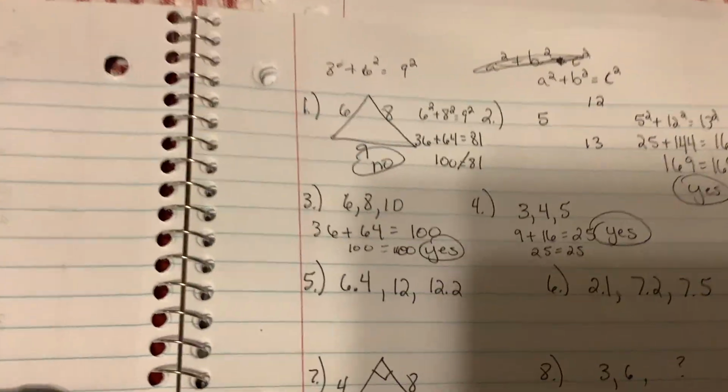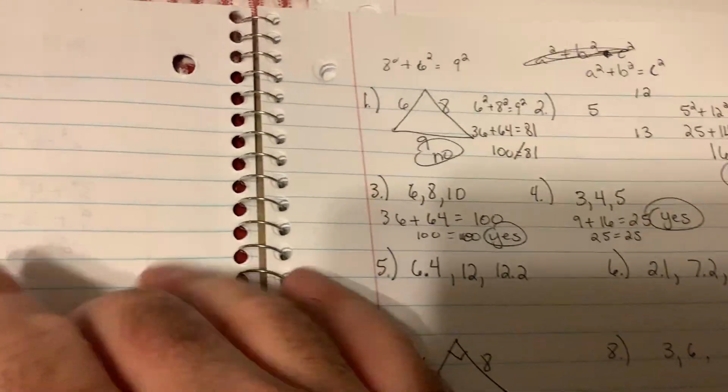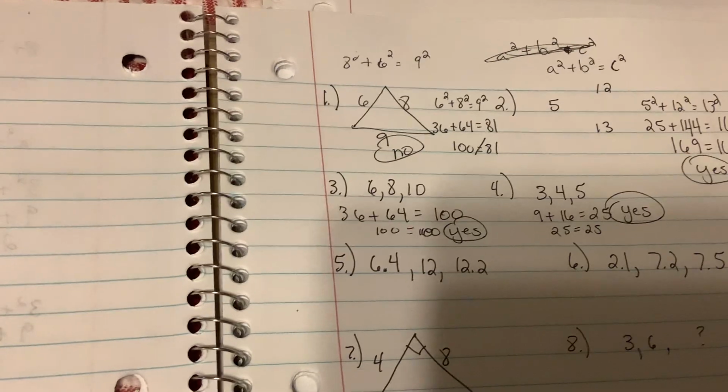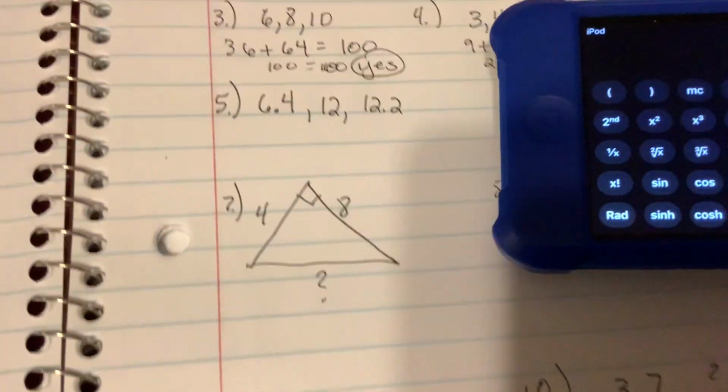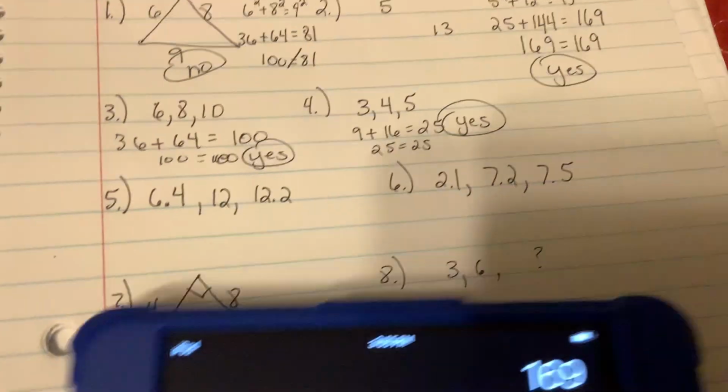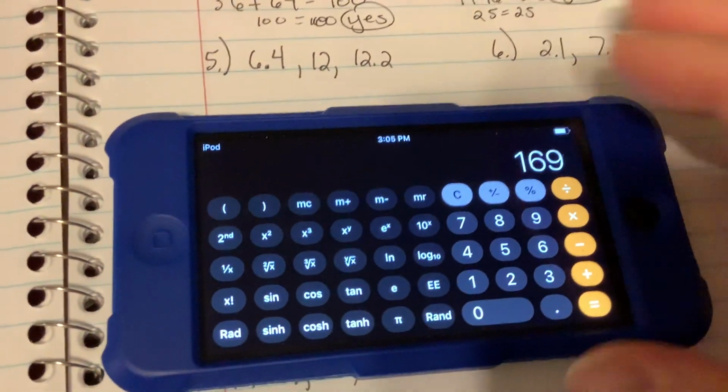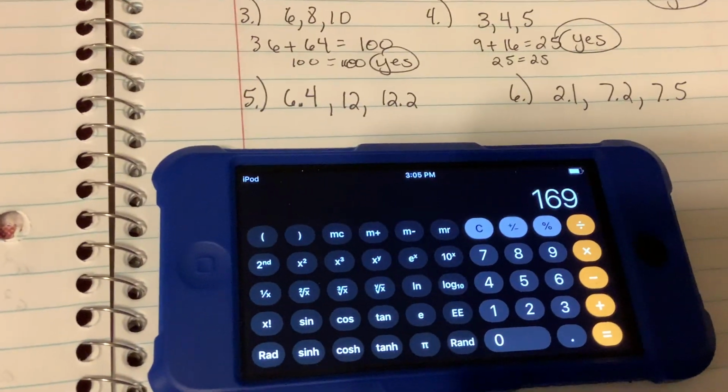Now even with decimals, these will be squared. I'm probably going to have to use the calculator now so that I know what the squares of them are.